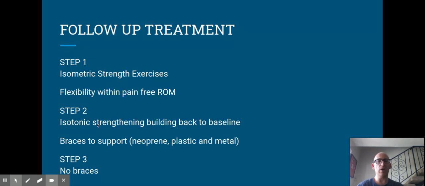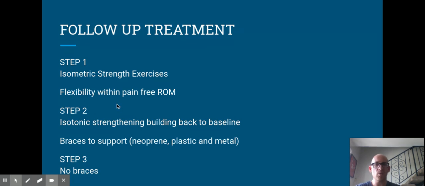So when you just flex your bicep without movement, that's isometric. My muscle is tight, I'm contracting it, but there's no movement. Okay, so that's an isometric exercise. Then you want to work on flexibility to maintain pain-free range of motion. If it hurts, then you go up to that point and not beyond.